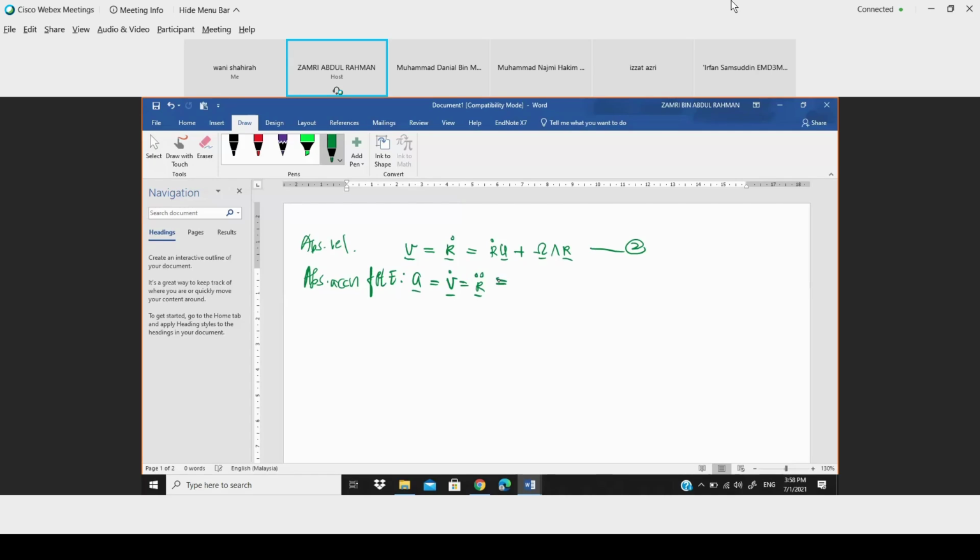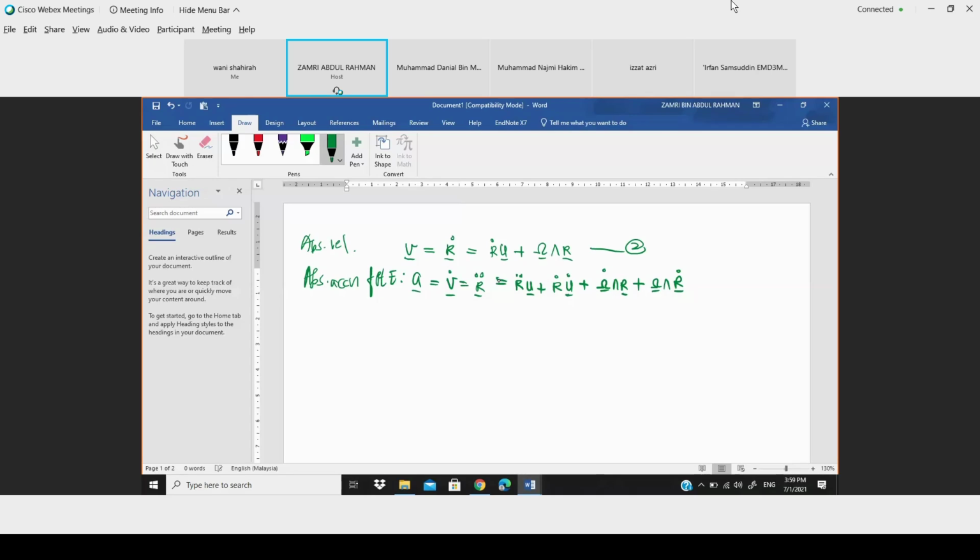So on the right-hand side, let us take the time derivative of the right-hand side of equation 2. What do you get here? It will be R double dot U plus R dot U dot, chain rule, and then we have omega dot cross R plus omega cross R dot. So recall U dot is what?